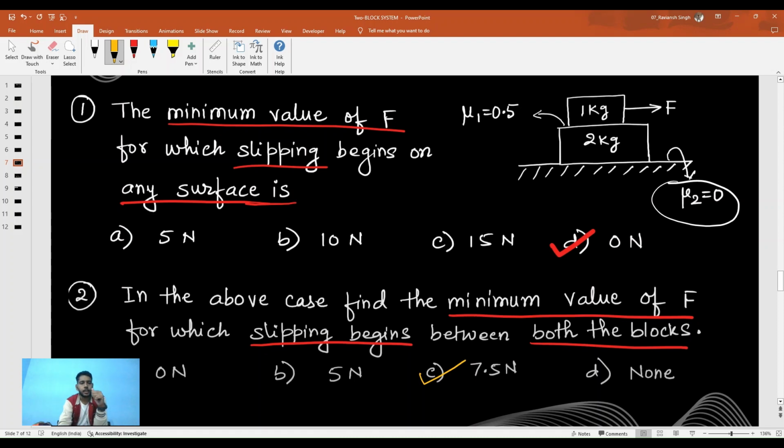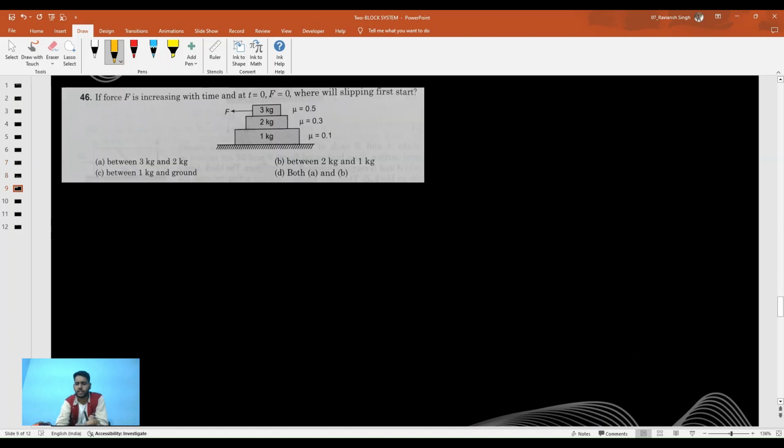Okay, moving ahead, let's do one more very basic question. This is a question from TC Part D Level 2 of your friction chapter. Here friction is given as 0.5, here 0.3, and here 0.1. Friction between the first two blocks is 0.5, between the other two is 0.3, and between block 1 and the ground is 0.1. So can we write down the limiting friction in each of these cases?